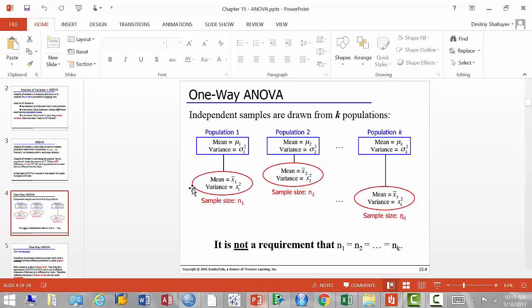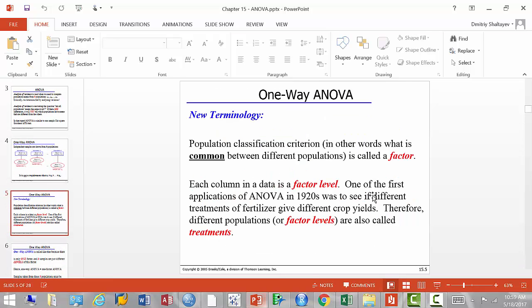I take sample 1 from population 1, sample 2, up to sample k. They don't have to be the same size. What I compute from each sample is the sample averages, x1 bar, x2 bar, xk bar. Now I need to use my samples to judge how close or how far apart the populations are in terms of their central locations, their averages. That's what ANOVA does.